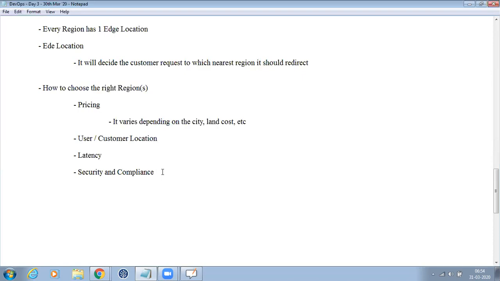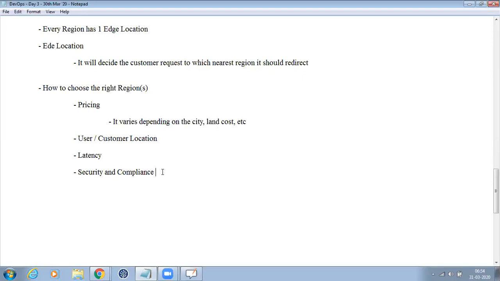The same concept applies here as well. When you're trying to access a particular application, a customer will say my connectivity should have a secure tunnel, so that my application or access will not be hacked or compromised.